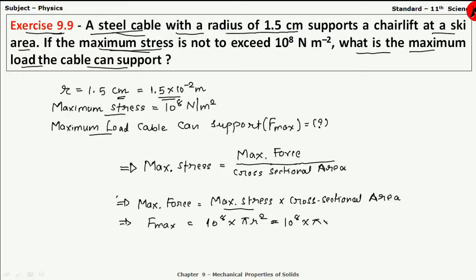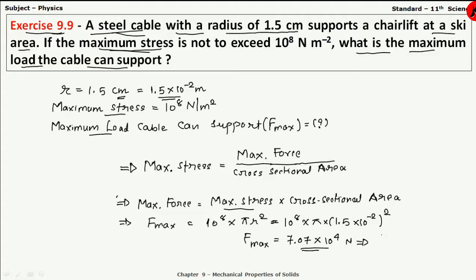So pi into 1.5 into 10⁻² whole square. So after solving, we will get the value of maximum force is 7.07 into 10⁴ Newton. So here F max equal to 7.07 into 10⁴ Newton.